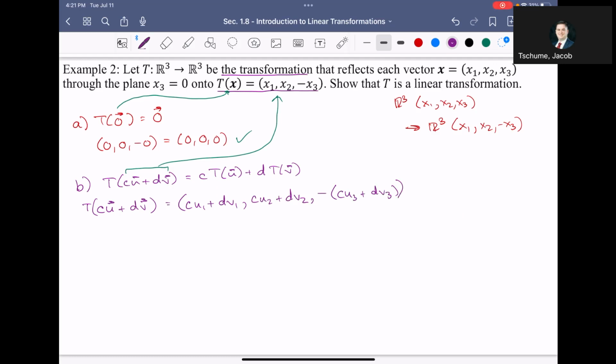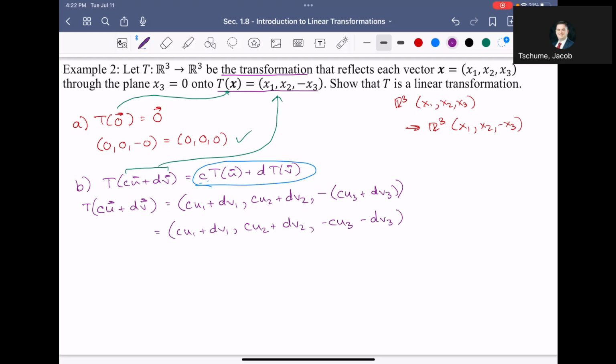Working that out, not a lot of algebra here, you should get cu1 plus dv1, cu2 plus dv2, and if you distribute the negative through, that's negative cu3 minus dv3. Now remember, you're trying to turn this into the following property. You're trying to isolate the u components and the v components from one another.